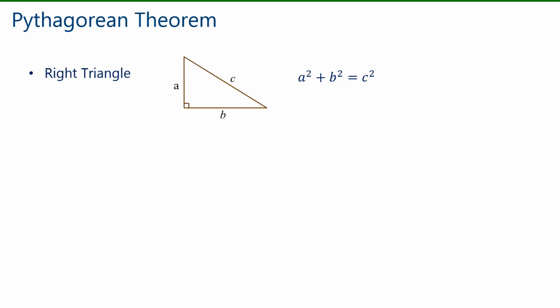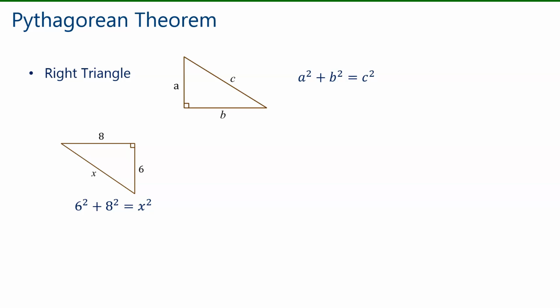So let's do a couple of examples of finding a missing side length. Say in this triangle here, you have the 2 sides, 8 and 6, and you're looking for the hypotenuse x. When we plug the values into the Pythagorean theorem, we would have 6 squared plus 8 squared equals x squared.